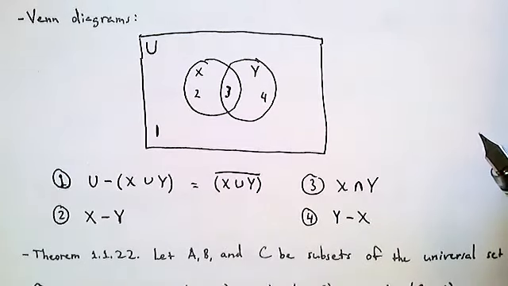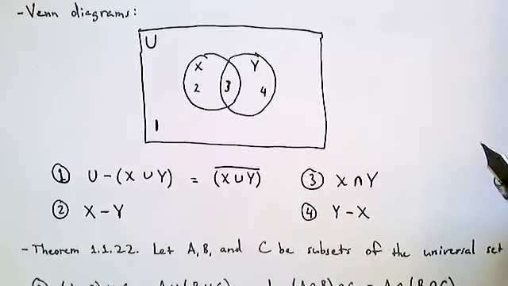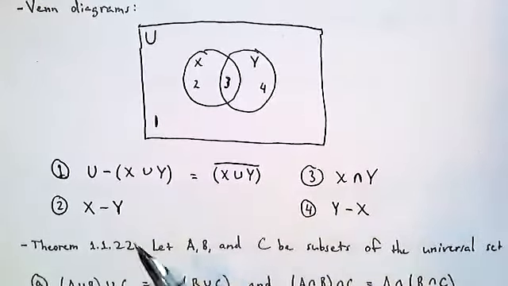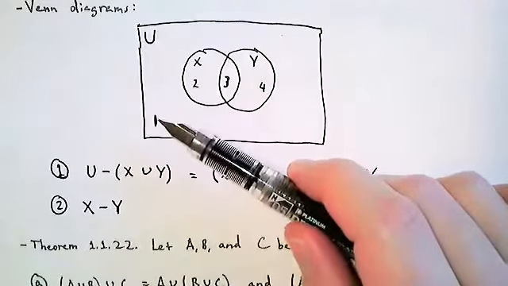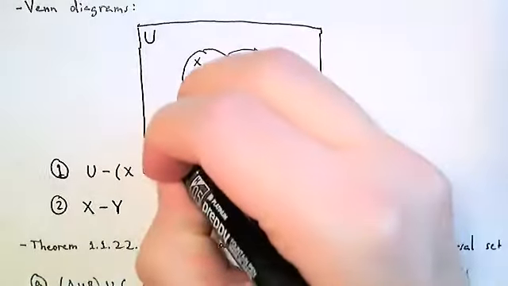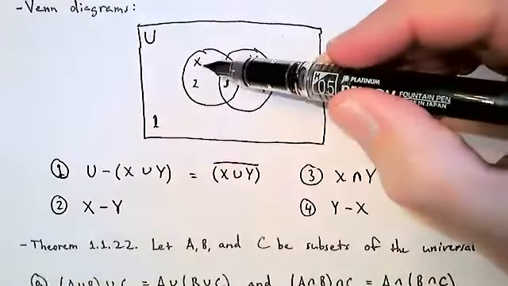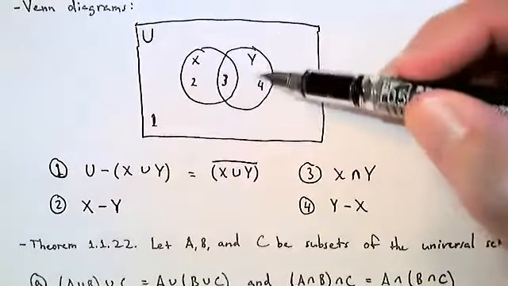And what we wanted to do was just work through these. For example, this region 1, it's labeled 1, is everything that's not in x or y.